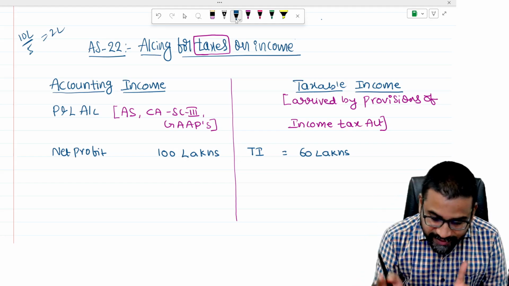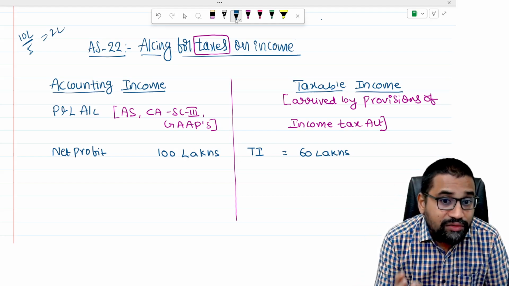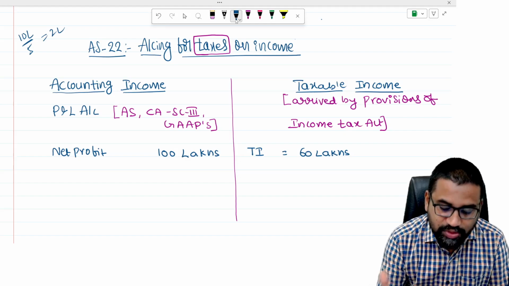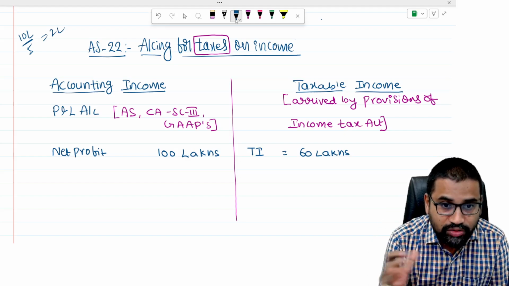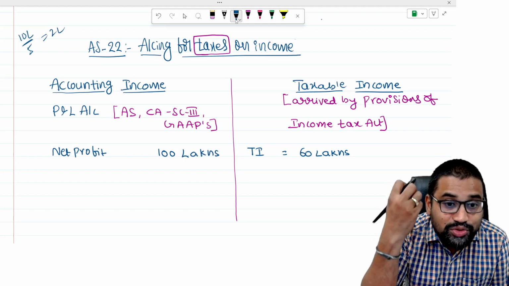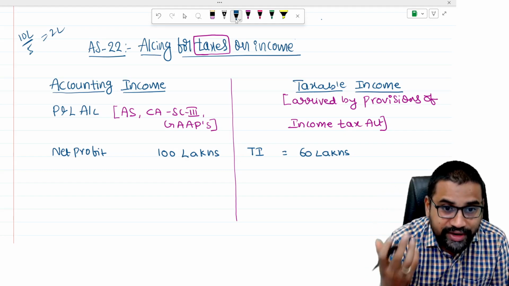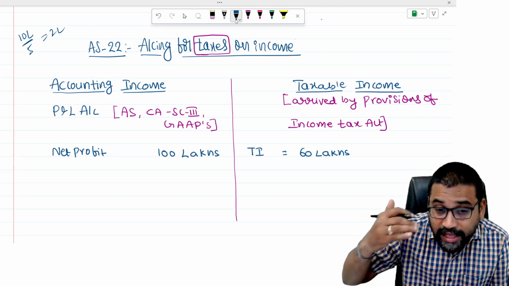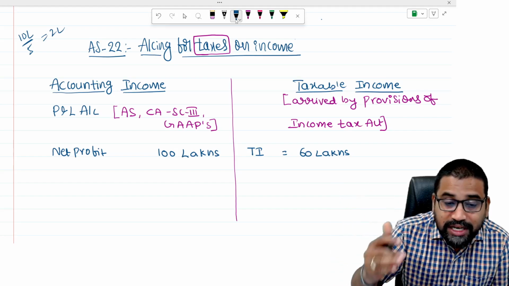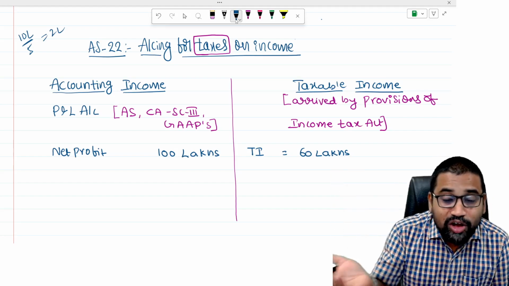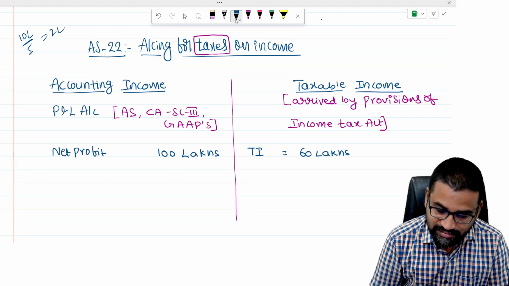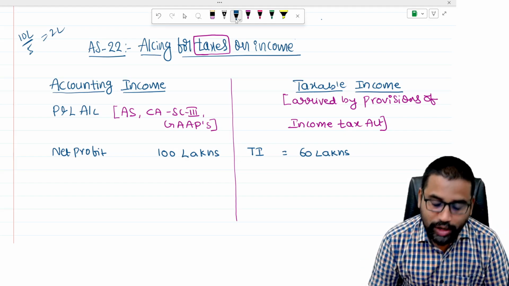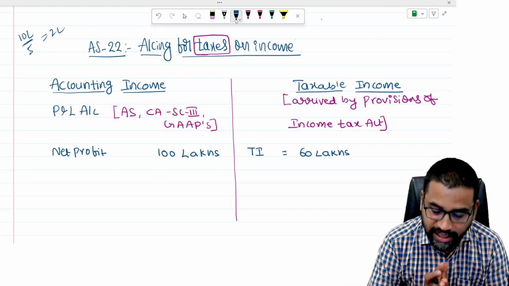The simple idea is, accounting income, under the Companies Act, Accounting Standards and Schedule 3, always aims to show less profit. But income tax provisions are framed so that taxable income is more, because the government will get more taxes. Of course, it may not be true in all cases, but that is the basic intention.